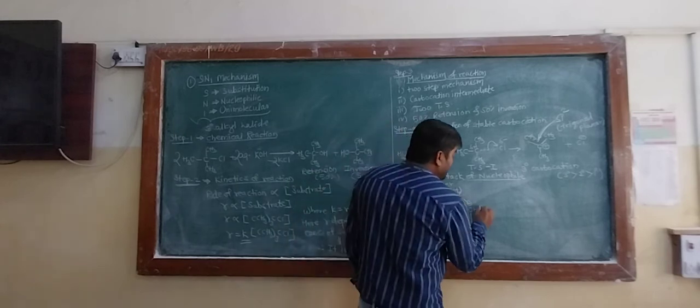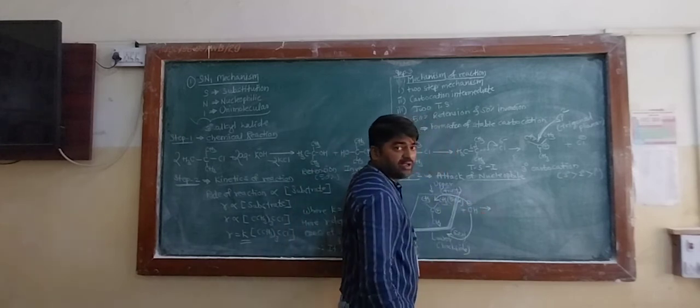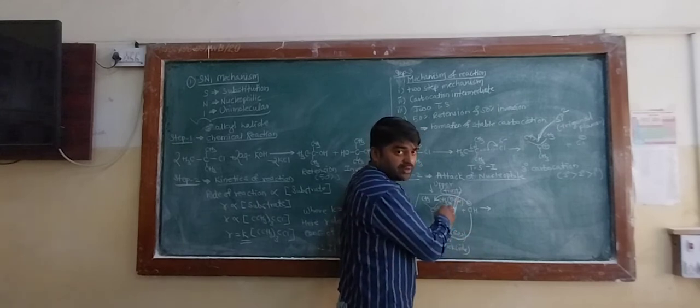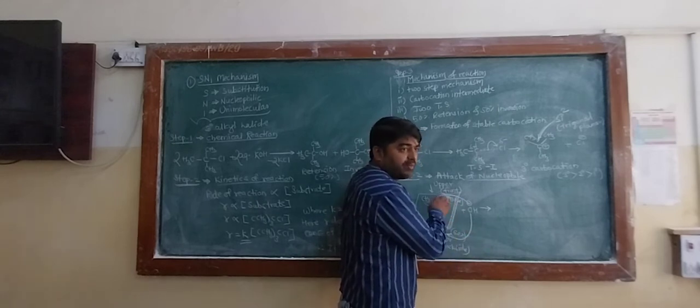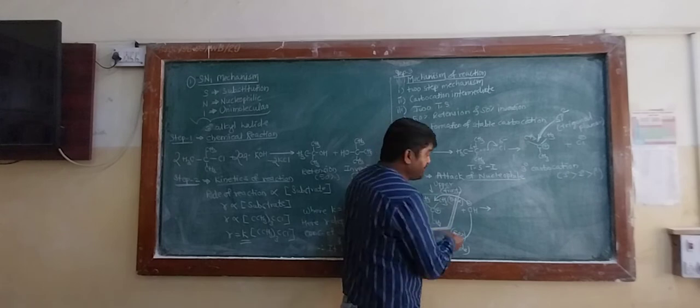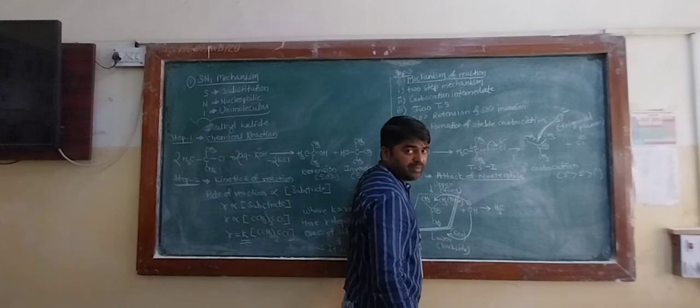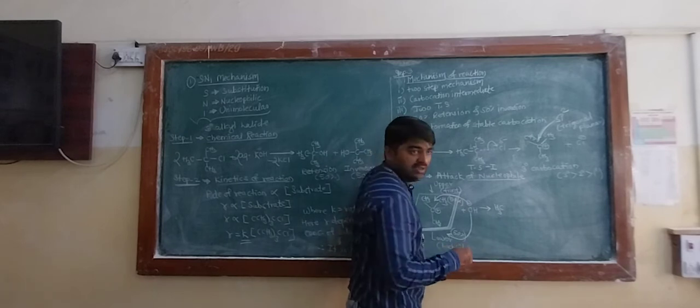If it attacks from the upper face or lower face, you get two transition states, one from each face, but both have the same symmetry. Therefore their energies are also the same.